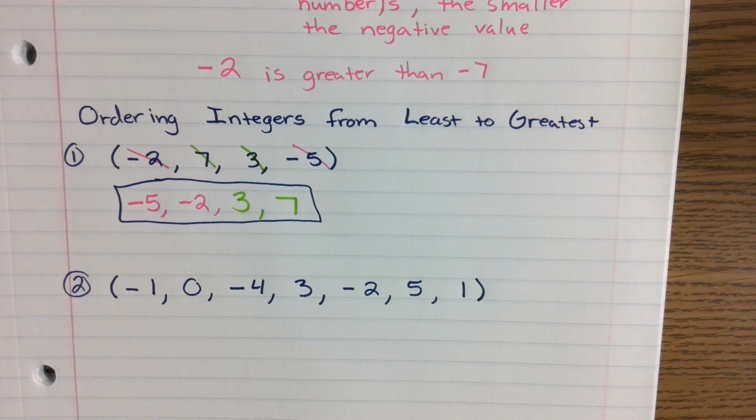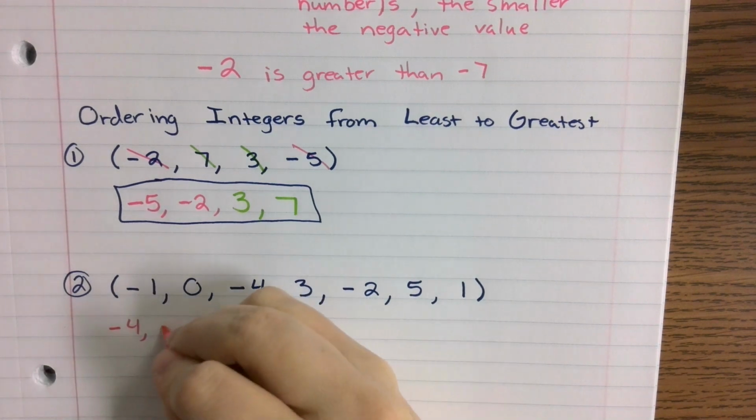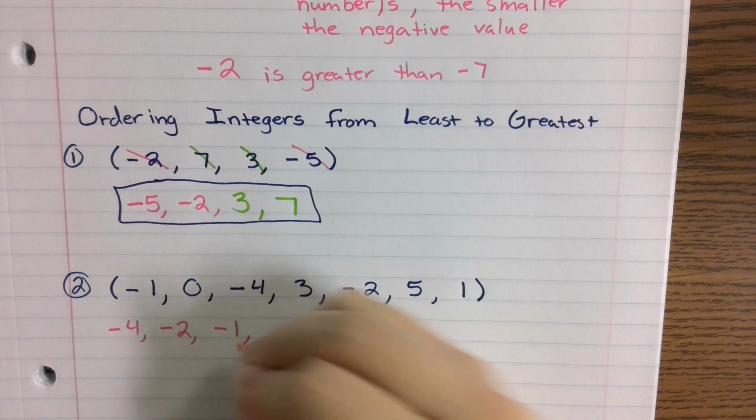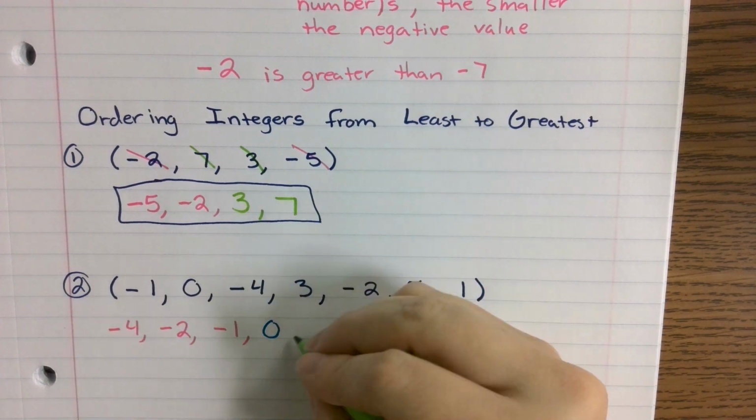All right, let's go ahead and put it in order. Who can raise their hand and tell me what it is they got? Let me see, number 2. Javen? Very good.